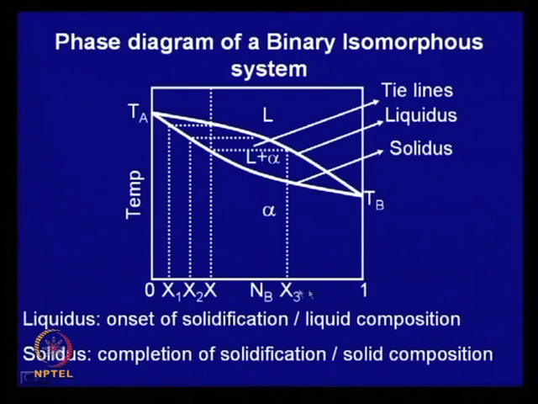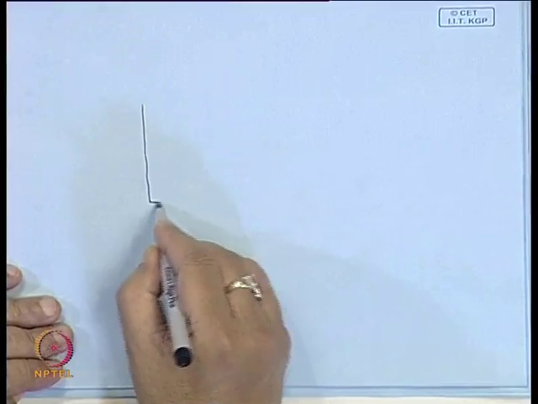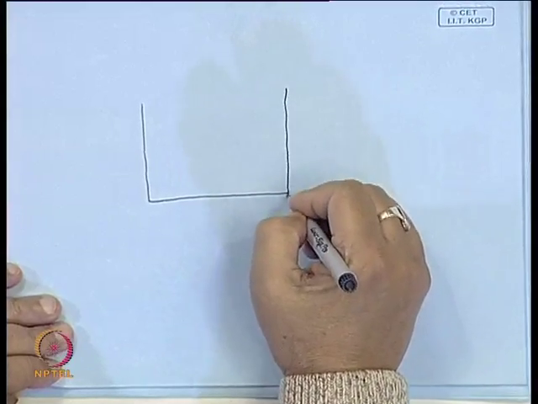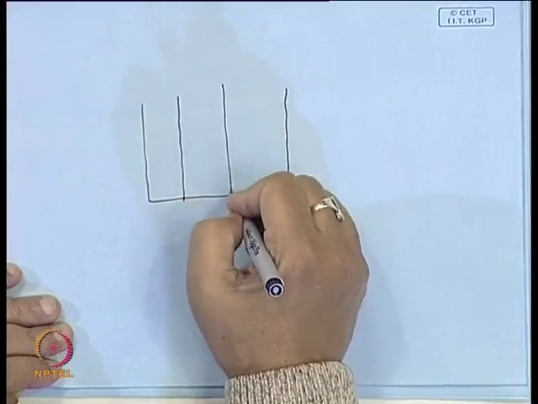We can also do it for weight fraction. Now, atom fraction B, and suppose we have done it for this alloy X. So, this is the T L where solidification begins, and this is T S where solidification is completed. What you can do is pick up a set of alloys.